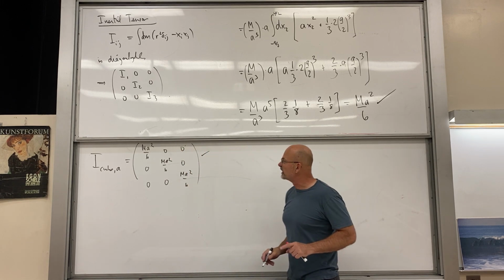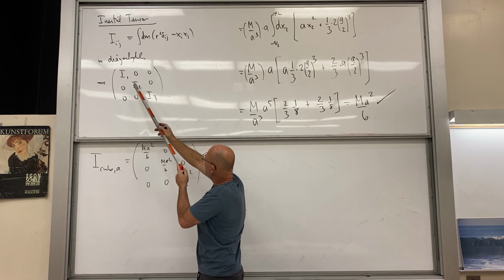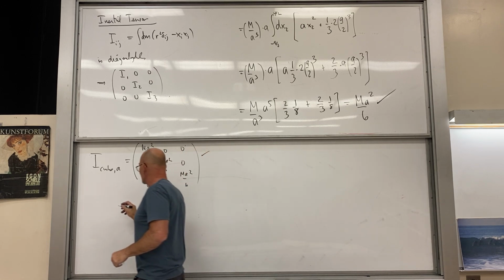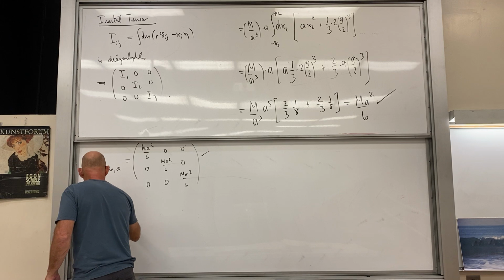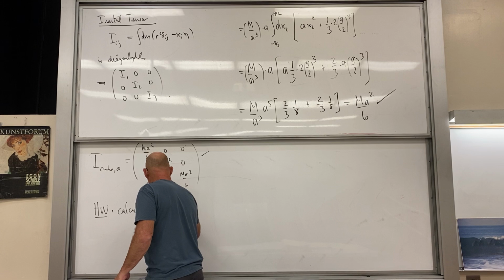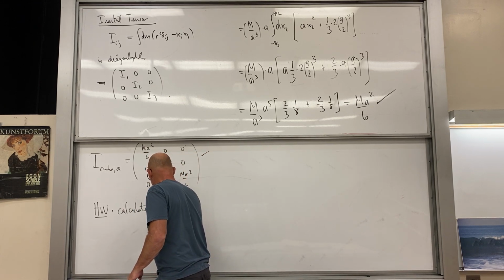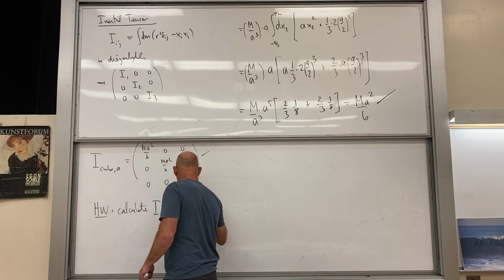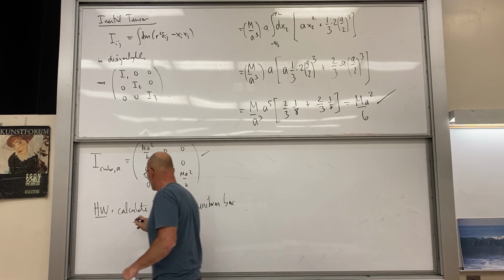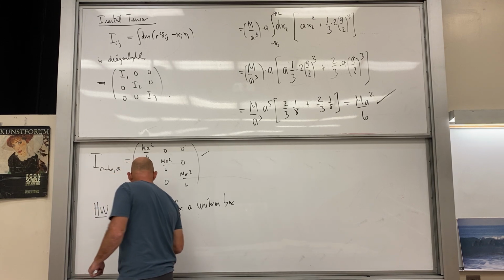Now, to get the most general inertial tensor with I sub 1 not equal to I sub 2 not equal to I sub 3, we just have to get a box. So homework: calculate the inertial tensor, I sub ij, for a uniform box of sides a, b, and c.